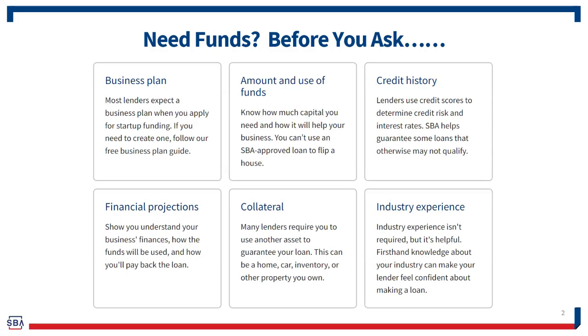One of the most important things that you're going to need is a business plan. The lenders really want to see this. They want to know how you plan to take the money that they're going to give to you and what you're going to use it for. And your business plan should outline those types of things.